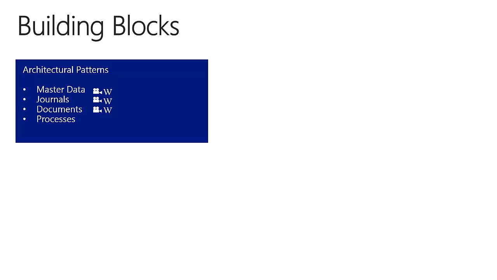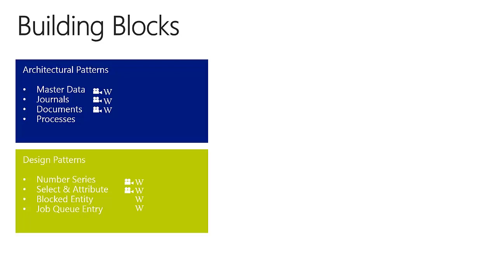Architectural patterns are the main elements that define how data is stored in the database using tables and how it moves around using transactions. Examples are master data, documents, journals, and processes.